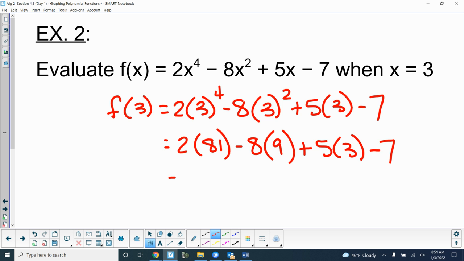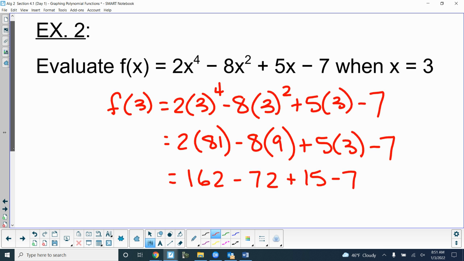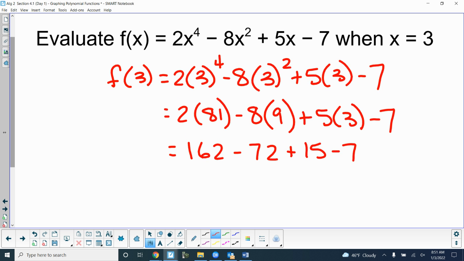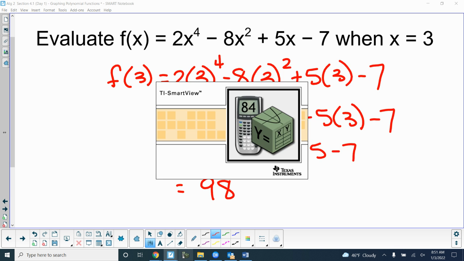Doing the multiplication next, what's that? 162, 72, 15, and 7. And then, what's that? 90 plus 15 minus 7 is 98. Is that it? But again, you just put it in your calculator just like I had written it out there.